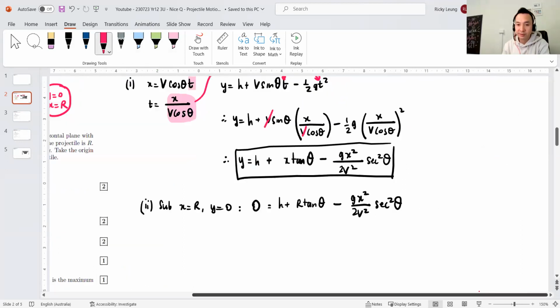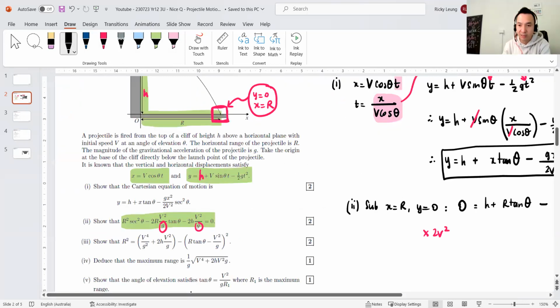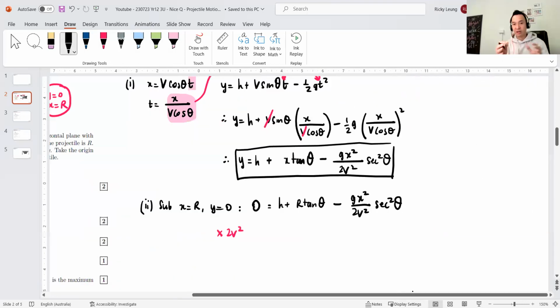So next step, why don't we times everything by 2v squared? I'll put the 0 on the other end. And wait, sorry, what term comes to r sec? So I'll move everything over to the other side as well. Move everything to the other side and times everything by 2v squared, I get g x squared sec squared minus, because I'm moving this guy over, 2v squared r, or maybe they put r first.